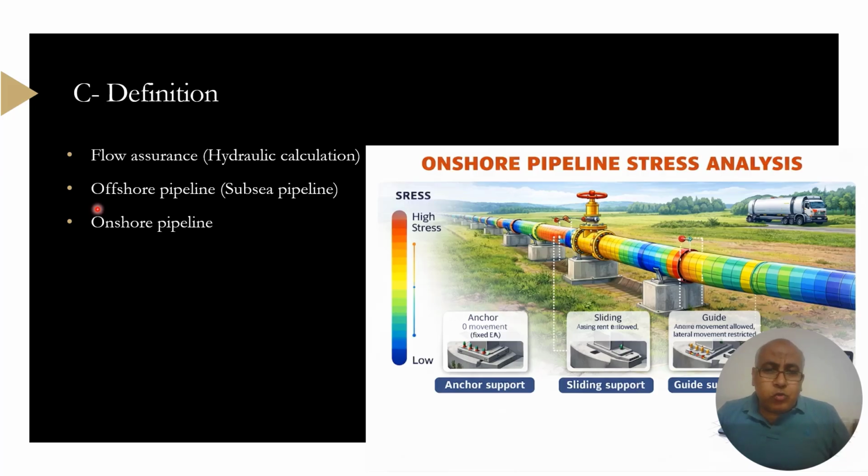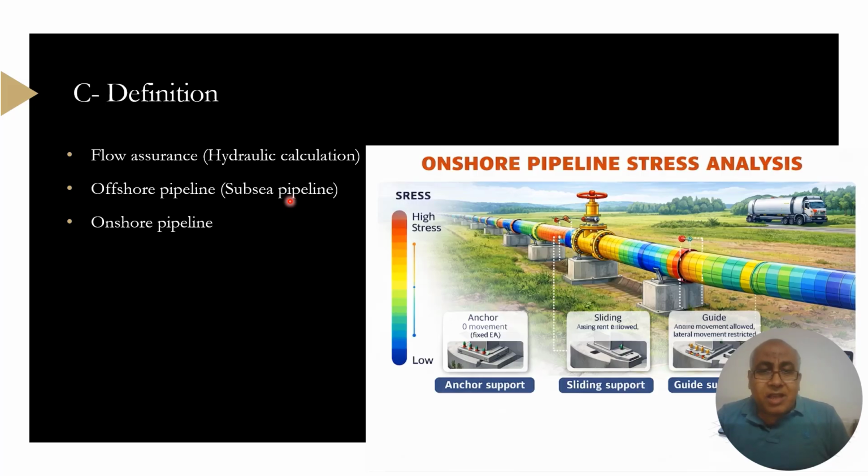In the case of offshore, it is the same: we define the route, and we make a bathymetric survey. Then we need to define the way of the installation itself. The installation method could be S-lay, J-lay, or reel-lay, according to many factors we discuss in the course.